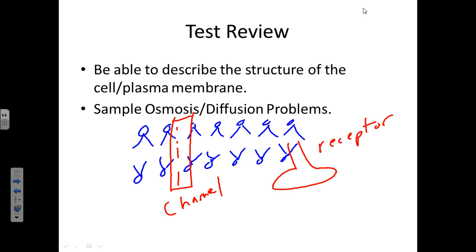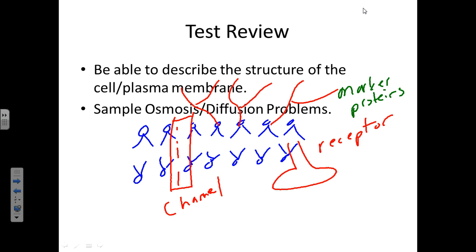You might also have little proteins and sugars sticking out the surface of your cell membrane. And we call these things marker proteins. One of their jobs is to tell what part of your body, hey, this is me. Your immune system, so that you don't attack yourself.